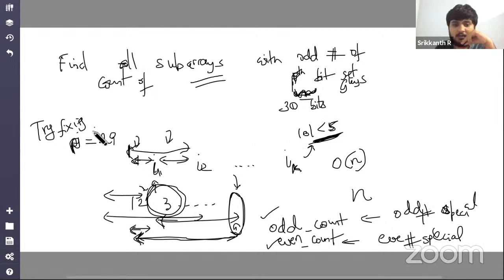So in all of n, we found out for p equal to 29. Okay, but what about p equal to 28? If p equals 28, no number that belongs to p equal to 29 should be in this subarray.